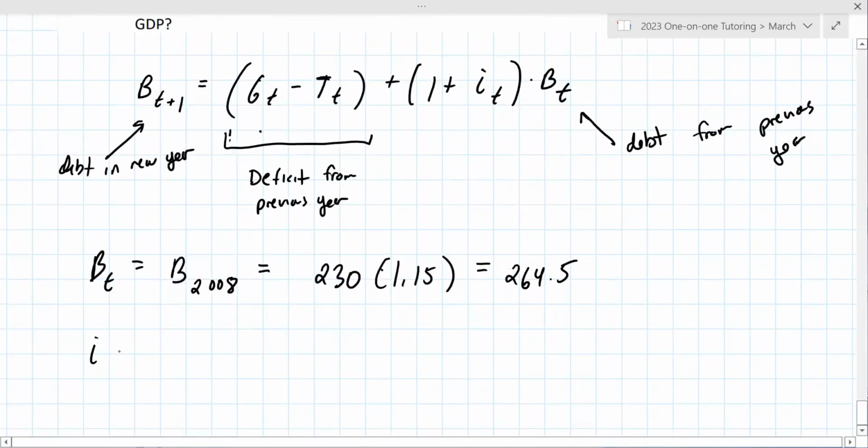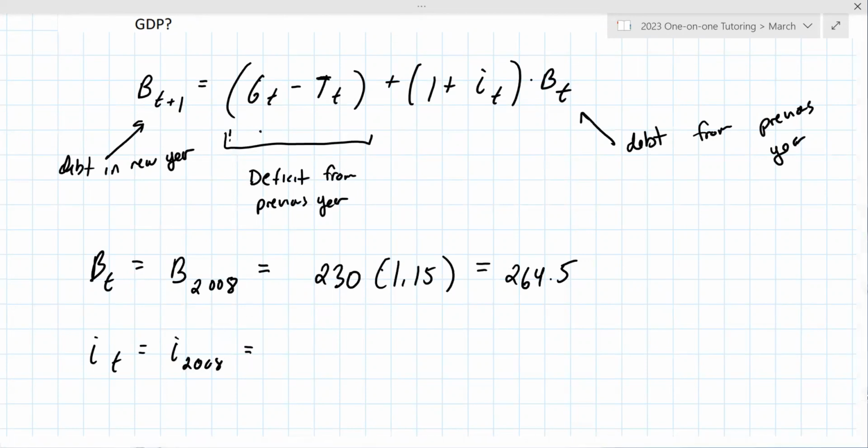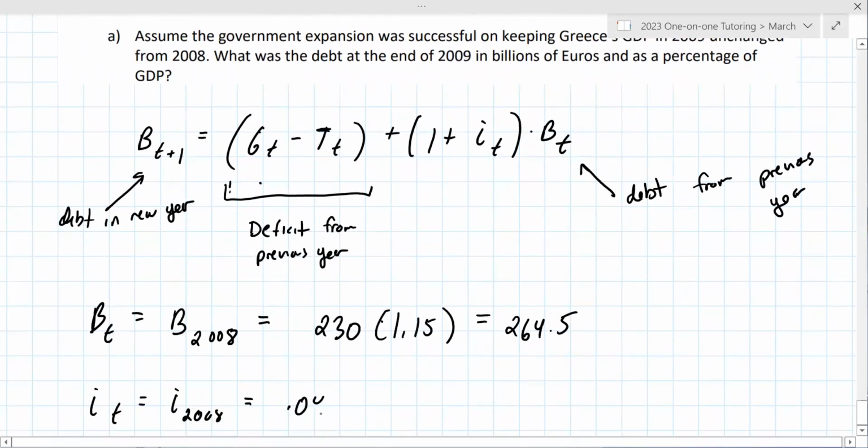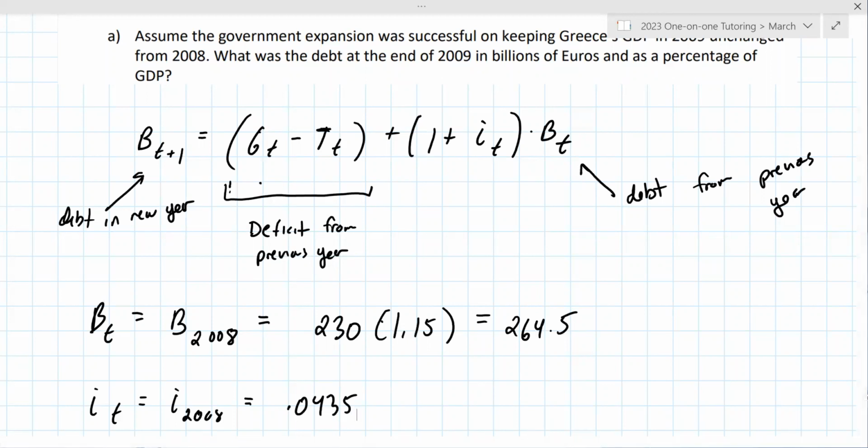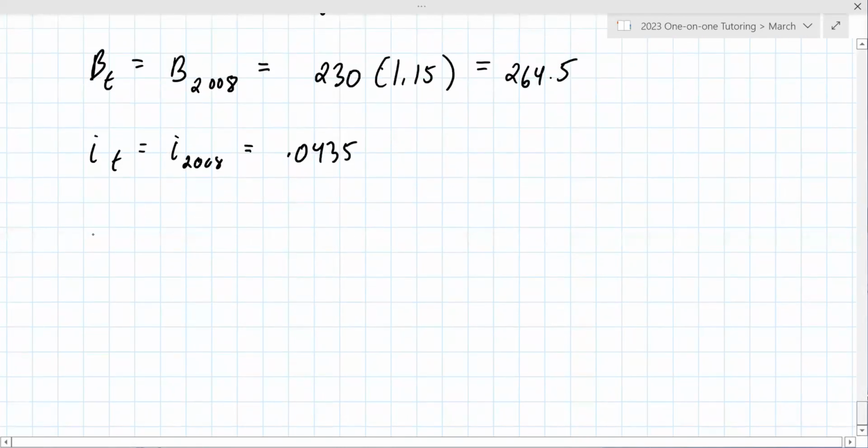The I of T value, which is the interest rate in 2008, is given in the text: allow the Greek government to pay a nominal interest rate of just 4.35% on its debt. So that's 0.0435. Got it. The G of T minus T of T, this is where they tell you the deficit. They tell you G of 2008 minus T of 2008. They don't give you those specific values.